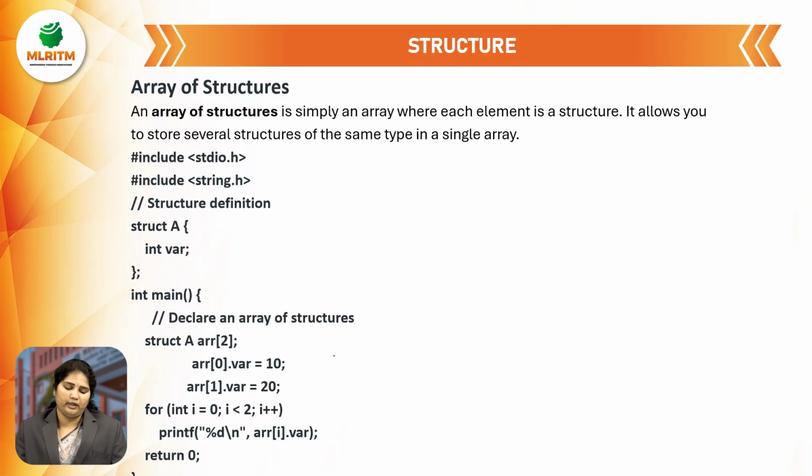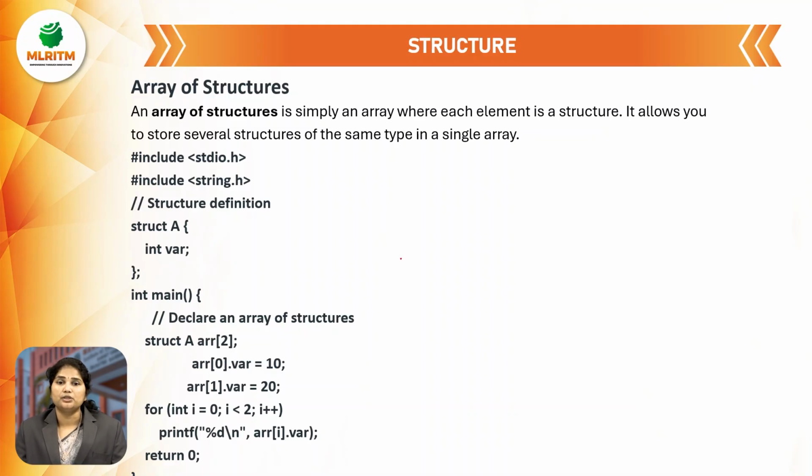Now coming to array of structures. In structures we will use the array concept. If we want to declare 5 variables of that structure, then we can declare them. But if we want to declare 60 elements of that structure, it is impossible to declare that many variables.